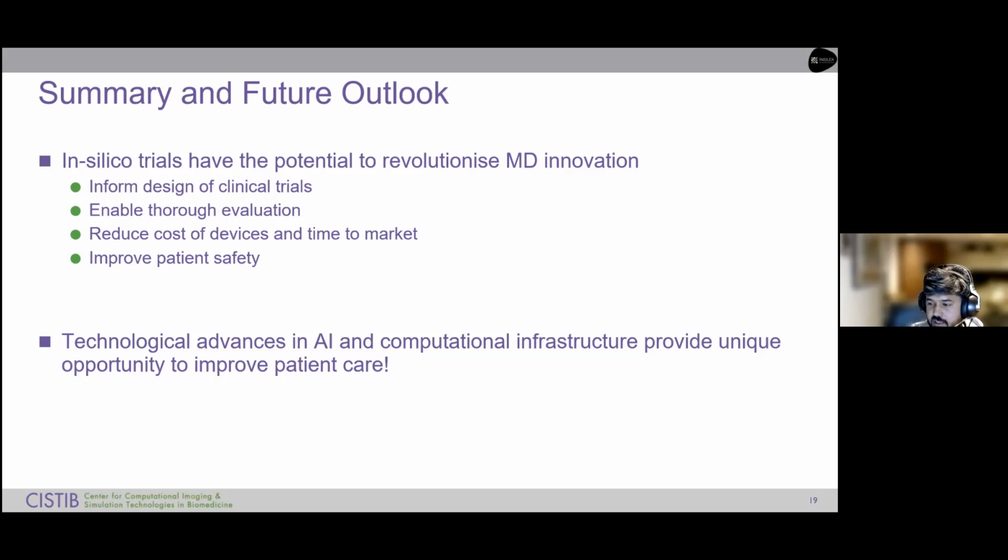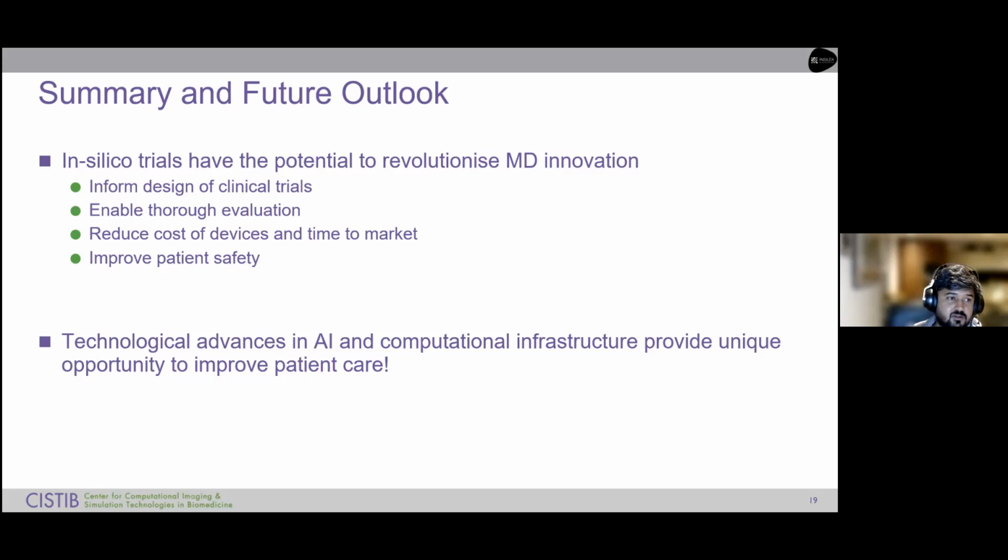Both of the research exemplars that I've covered with you today, I truly feel are results of the technological advances in artificial intelligence and, most importantly, in computational infrastructure that we've seen over the last 10 years.